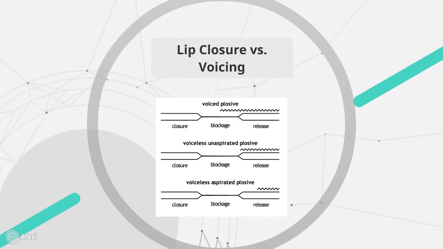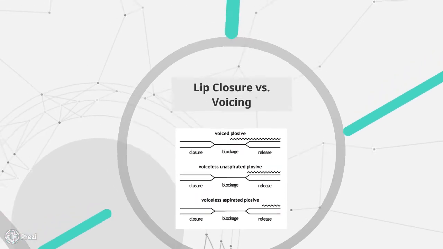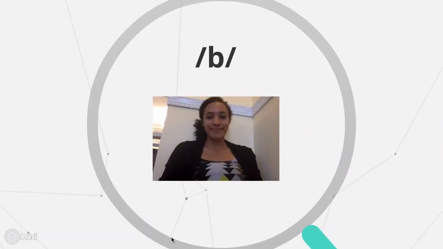Voiced, voiceless unaspirated, and voiceless aspirated plosives all have different voice onset times, even though they are all bilabial plosives. In a voiced consonant, for example, vocal fold vibration begins when the lip closure is still occurring. An example of this would be when a person says b as in ball.